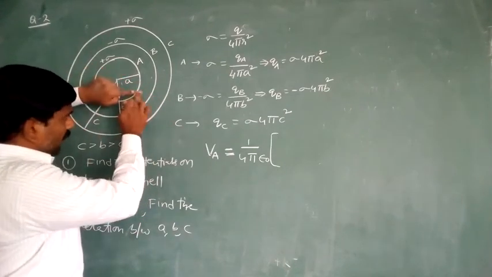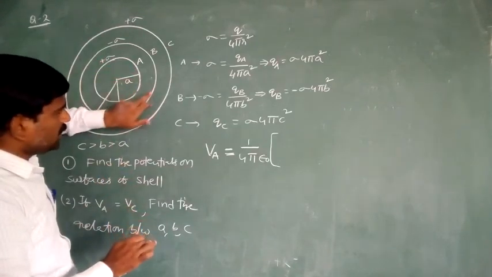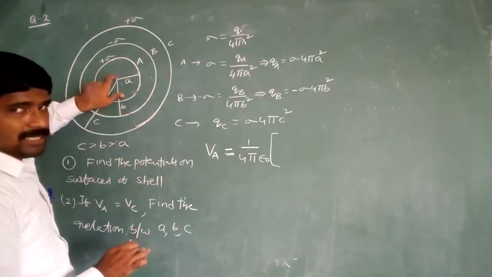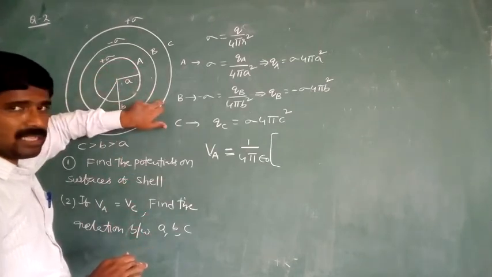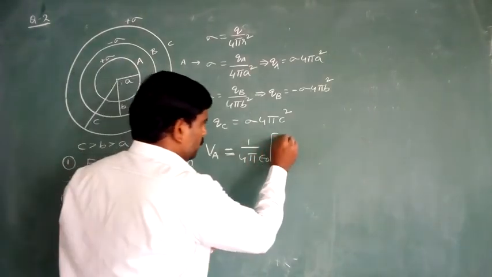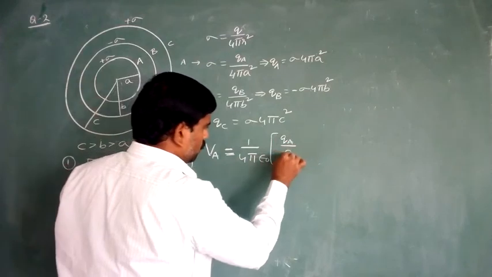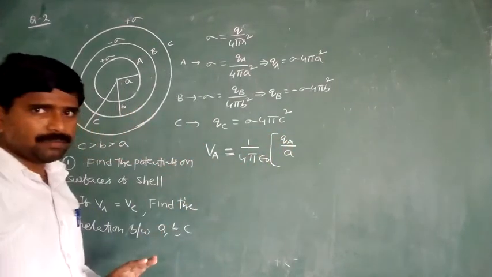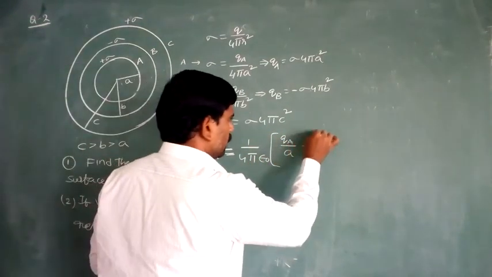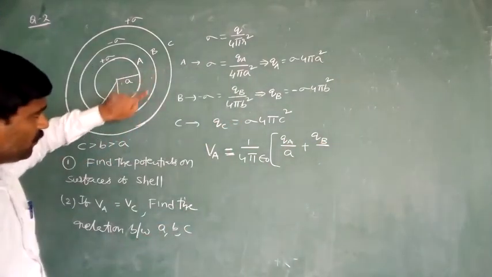First one, A is inside of the B and C. What is the potential on the surface of the B? Same potential is inside. What is the potential on the surface of the C? Same potential is inside. So for the first one, VA, QA by the distance, which is the radius A, plus QB by B, since the potential inside is the same as on the surface of the second shell.